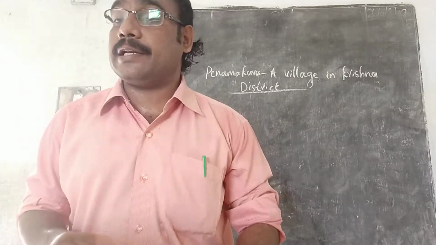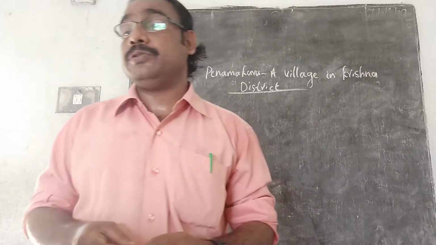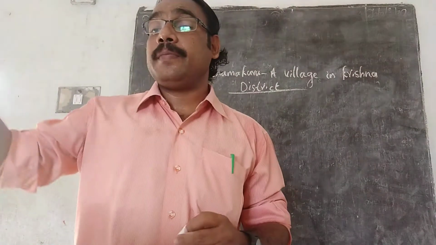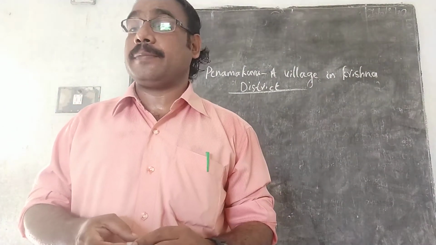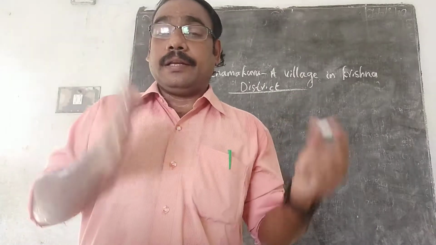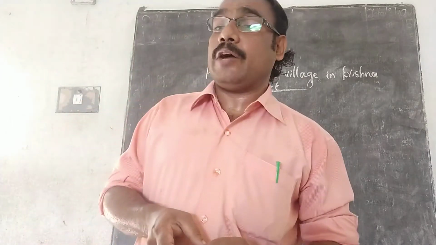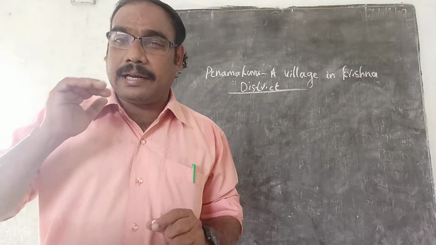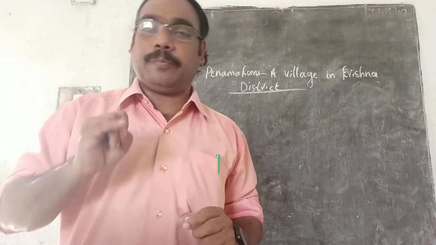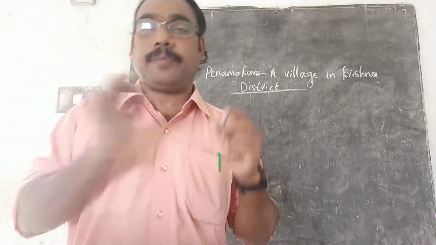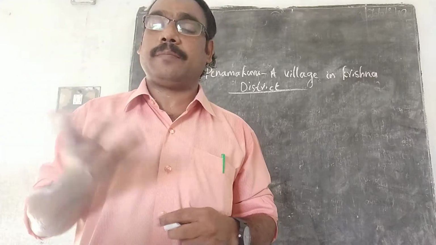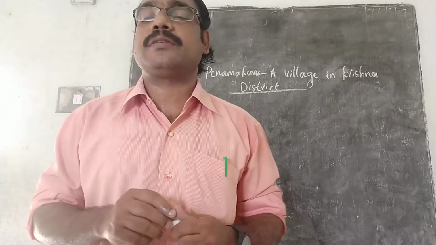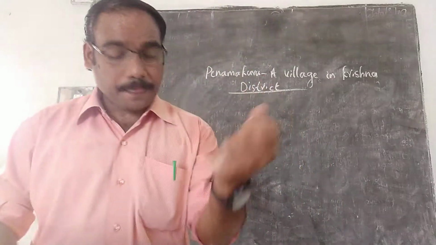Now from November to May, there is relatively very little rain: November, December, January, February, March, April, May. In these months the rain is very little. Sometimes there may not be any, sometimes little rain.